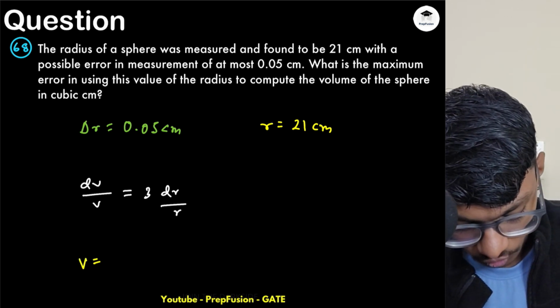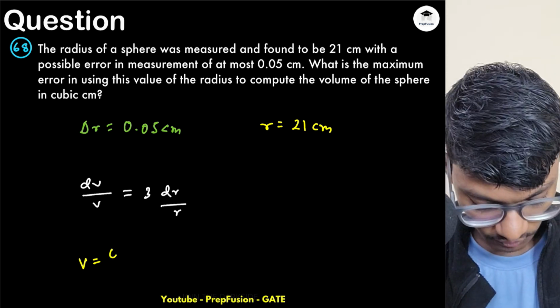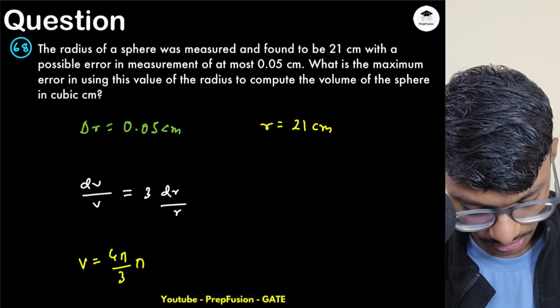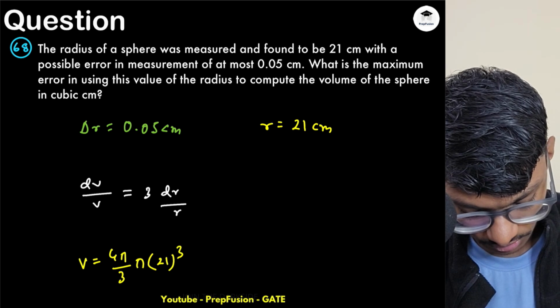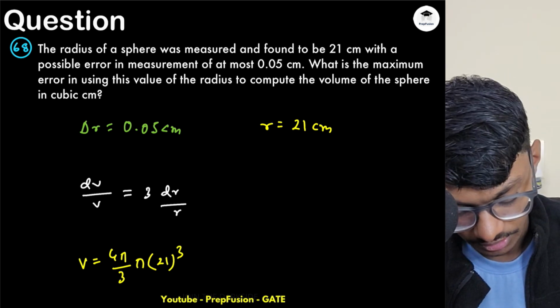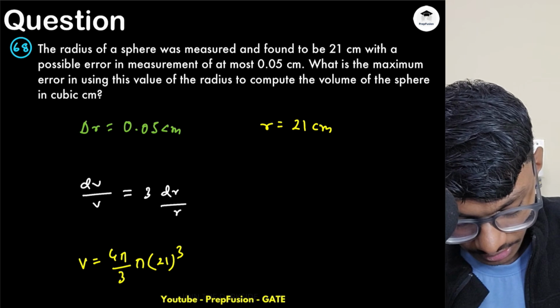Here, what will my volume be at this particular radius? Volume will be 4 by 3 pi r cube, which is 21 cube. I'm just equating, I'm not solving it right now. So here I can use this volume.